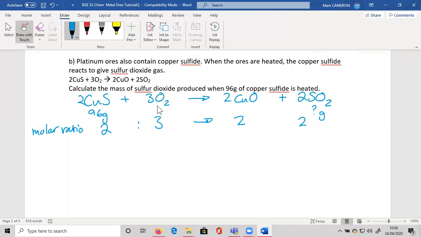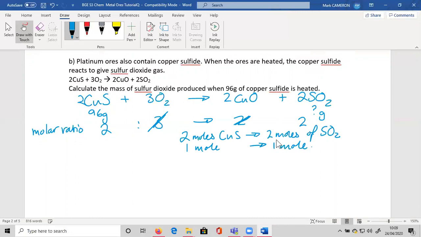As we're not interested and have no values for oxygen, I can get rid of that. And because I've not got any information on copper oxide, I don't need that either. So really what we've got is a relationship where 2 moles of copper sulfide would make 2 moles of sulfur dioxide, which is a ratio of 1 mole to 1 mole.